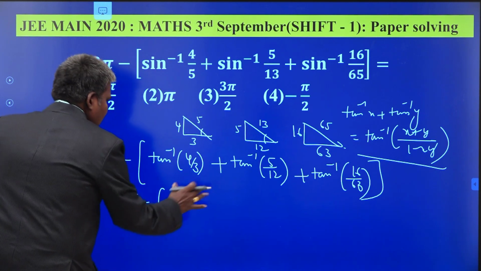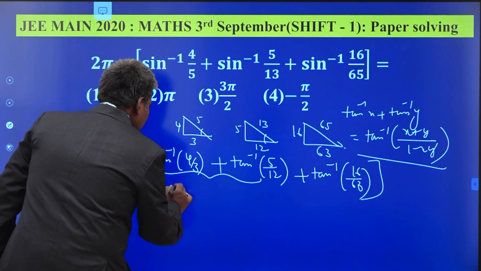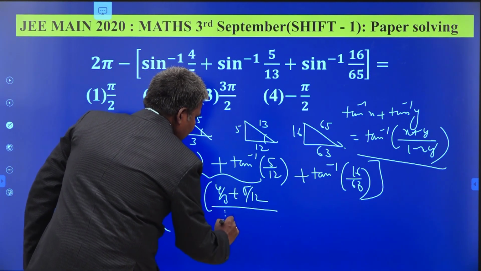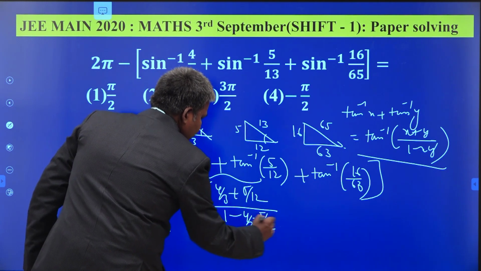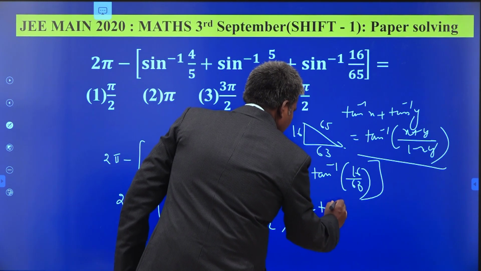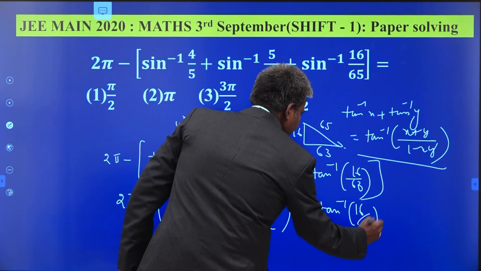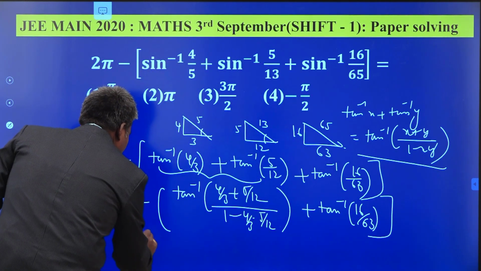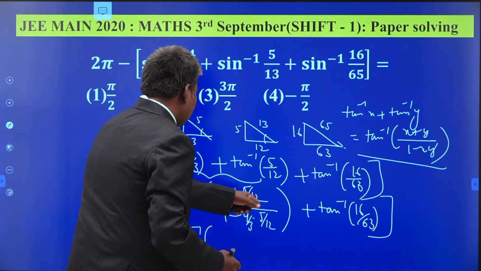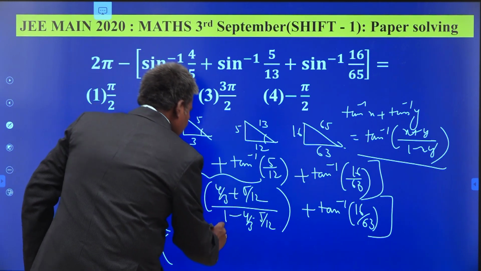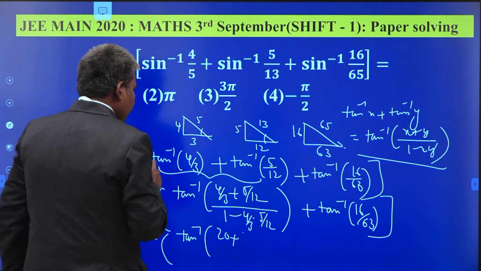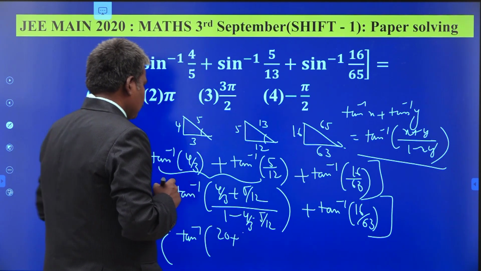So 2 pi minus, I am applying the formula for these two. Tan inverse of A plus B, 4 by 3 plus 5 by 12, by 1 minus 4 by 3 into 5 by 12, plus tan inverse of 16 by 63. 2 pi minus of tan inverse of, we take the LCM as 12, 4 5s are 20 plus 5, 4 by 3 plus 5 by 12.